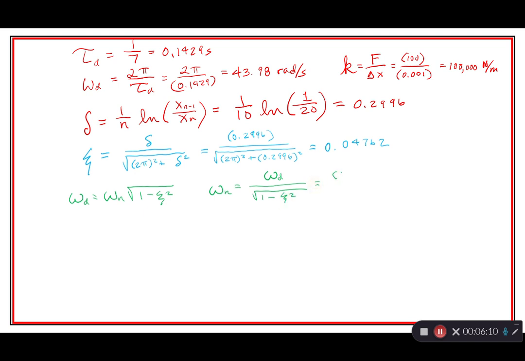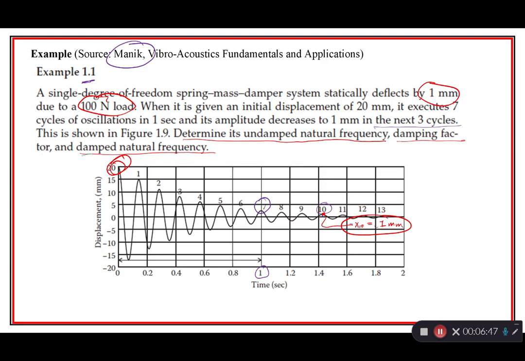So we come back up to the top: 43.98 divided by the square root of 1 minus 0.04762 squared, right, is going to be 44.03 radians per second. You'll see there's not a lot of difference between this and that, because we don't have very much damping going on. But we have solved for the damped natural frequency and the undamped natural frequency.